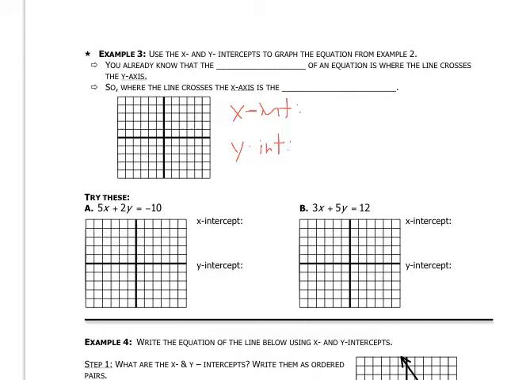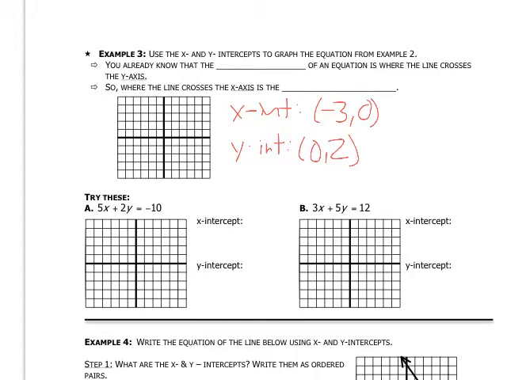Remember we solved down and got the x and y intercepts? That was the one before the try these. The y is 0, 2. What was the x? Negative 3, 0.